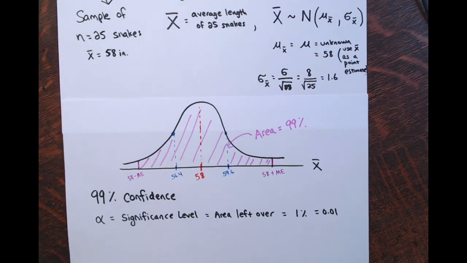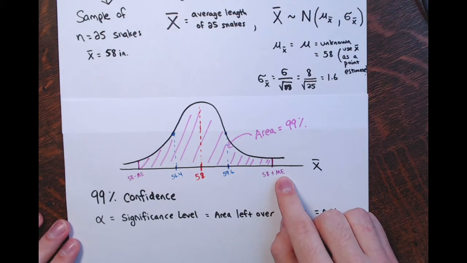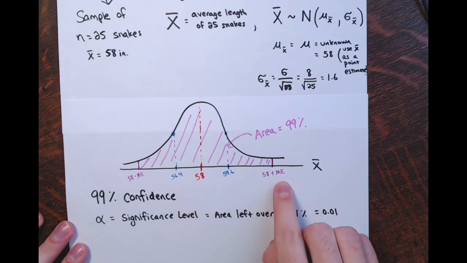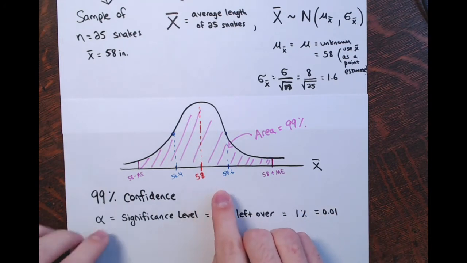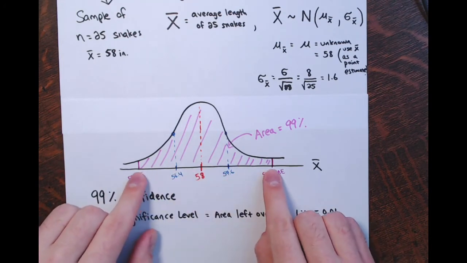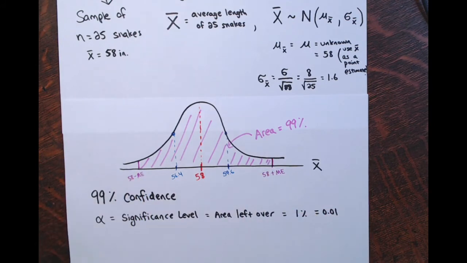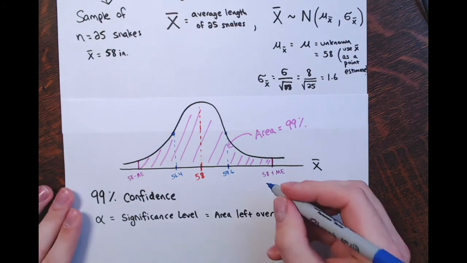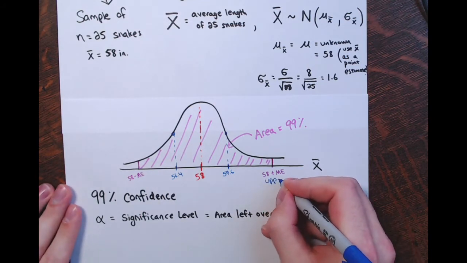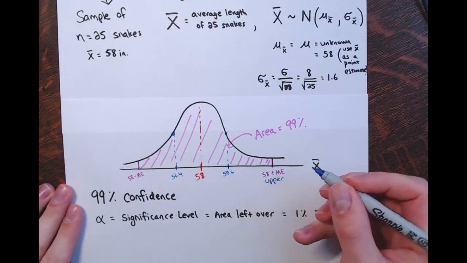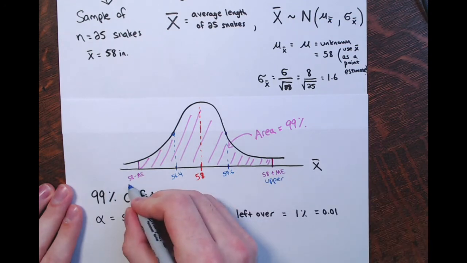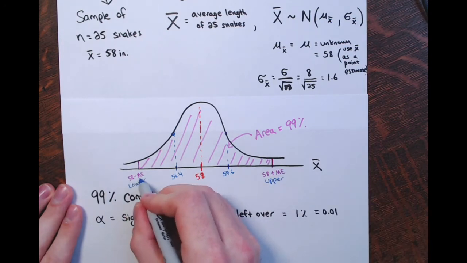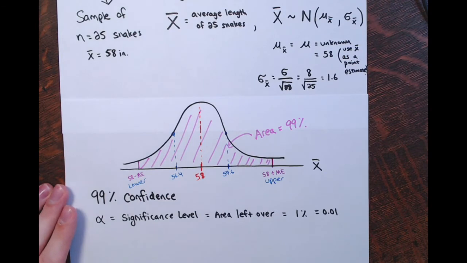And what I'm going to try to do is calculate this margin of error. Now, to find the margin of error, remember I said this is going to be somewhere between 2 and 3 standard deviations. I want to know how many standard deviations away from the middle the upper and lower limits are. This is the upper limit right here, 58 plus the margin of error. This is the lower limit over here, 58 minus the margin of error.